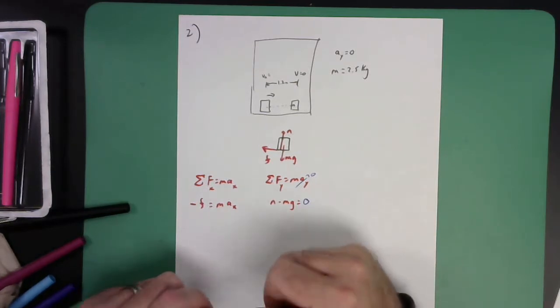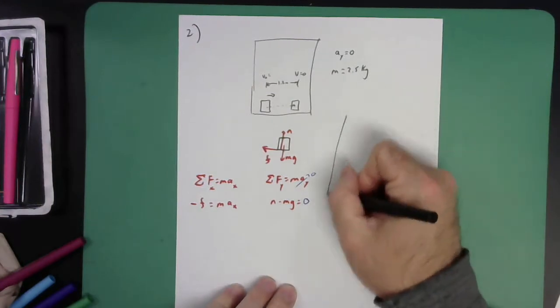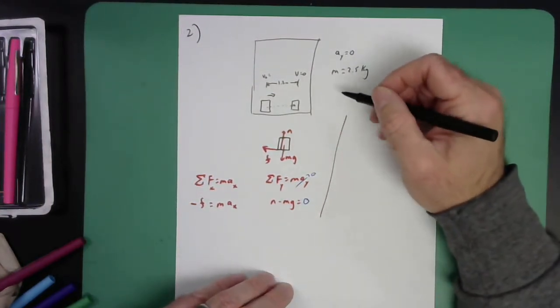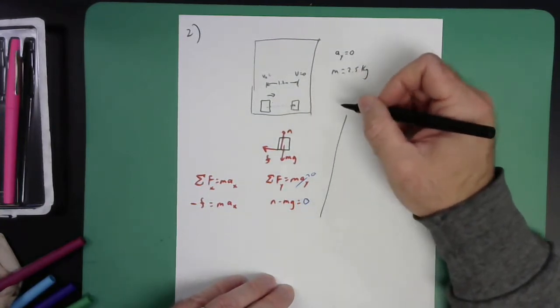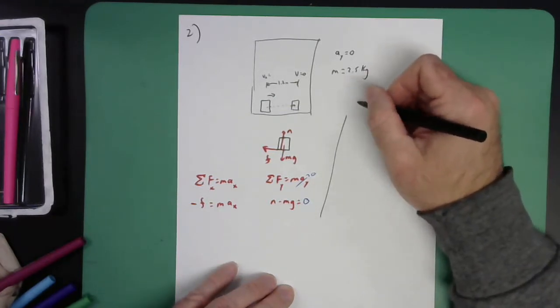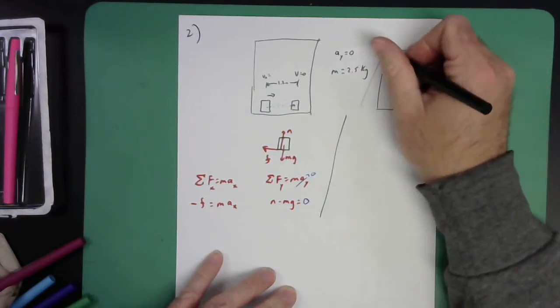Now, what's going to happen in the second part of this problem is now we're going to have the elevator accelerating upward. And we're going to give it a shove, and we want to see how far it'll slide while the elevator is accelerating up at 2 meters per second squared. Okay, so same elevator. Does it look like the same elevator?